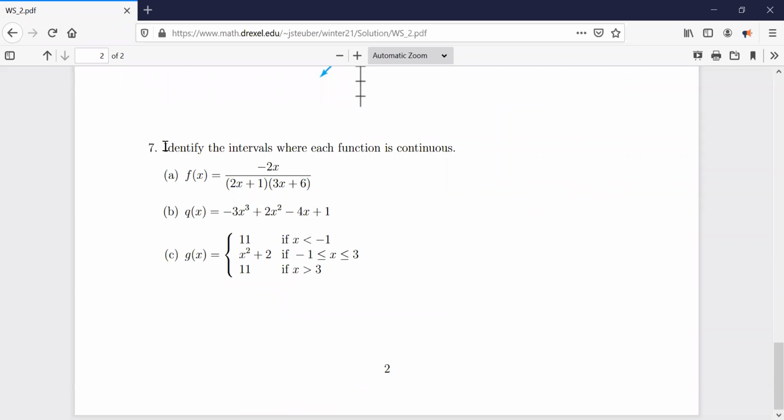Now identify the intervals where each function is continuous. So what is going to make this guy discontinuous? What conditions will give a discontinuity for this guy? Oh yeah, sorry.